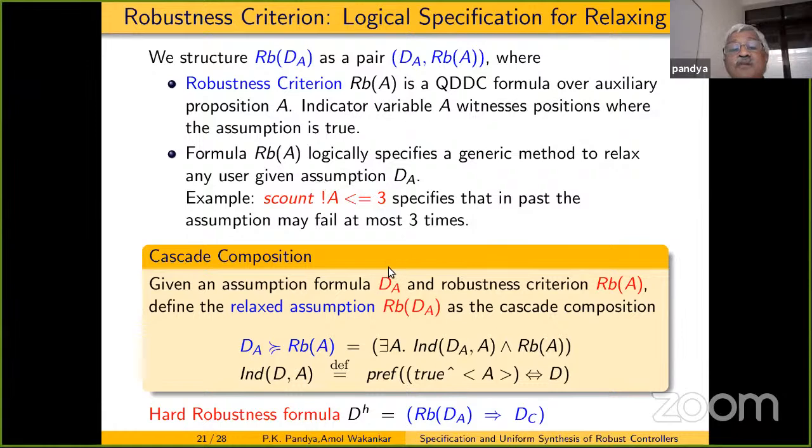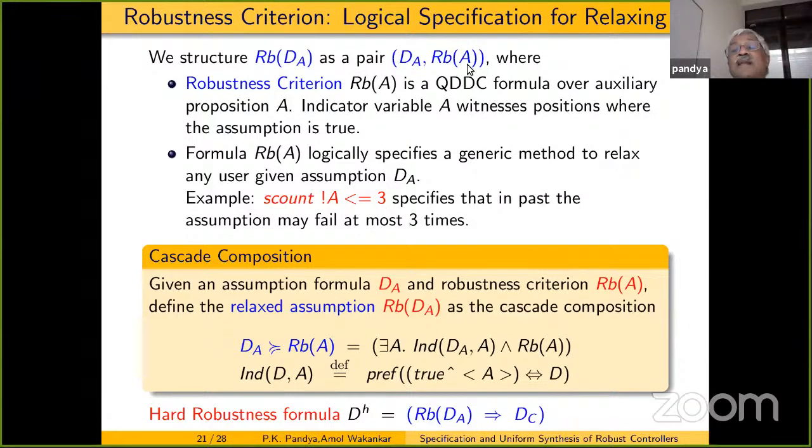And what we can do is we can have an assumption formula DA, and then we can compose this RB of A with DA to come up with another formula called RB of DA. It's what we call the cascade composition. Our logic has enough logical vocabulary to take such an RB of A and give you a formula which says that DA will fail at most 3 times in the past, right?